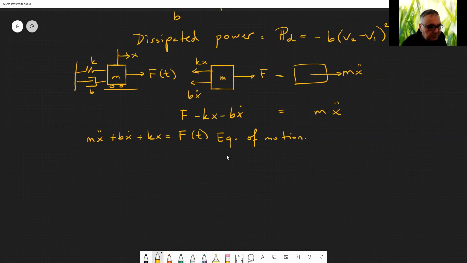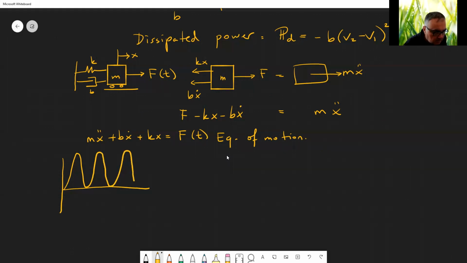For example, for this system, if you have a certain constant force acting, if B is 0, this is what we are going to get, as I have said. This is for the case with B equals 0, no damping.